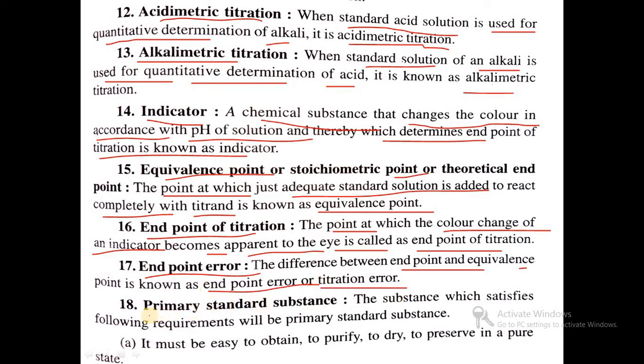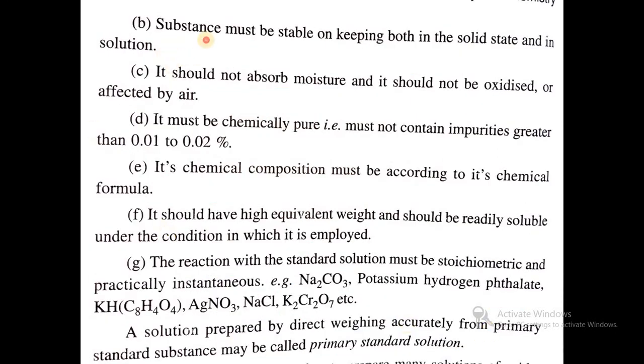And then we will see the primary standard substance. A substance which satisfies the following requirements will be called a primary standard substance. It must be easy to obtain, to purify, to dry, and to preserve in a pure state. The substance must be stable on keeping both in the solid state and in solution.